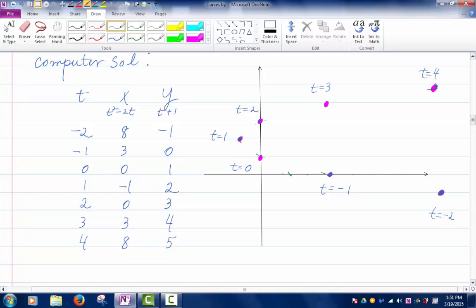It gives me pairs of points on the curve, and I'm plotting these points. Okay, I am labeling the points with t, right? But t is not an axis. This is the xy plane, and I'm plotting those points that I got for each value of t. So for each value of t, you get a point. You're plotting that point.